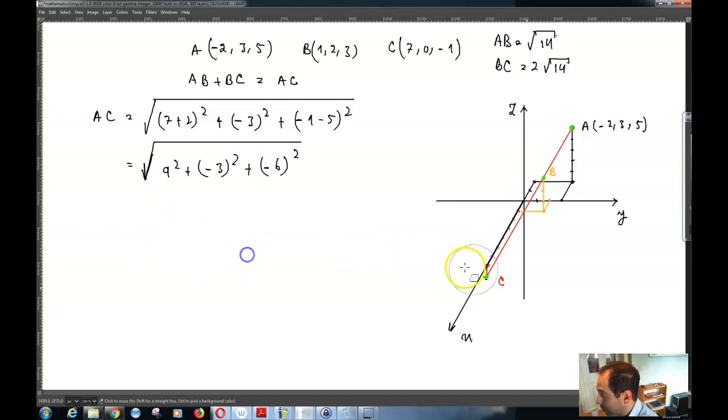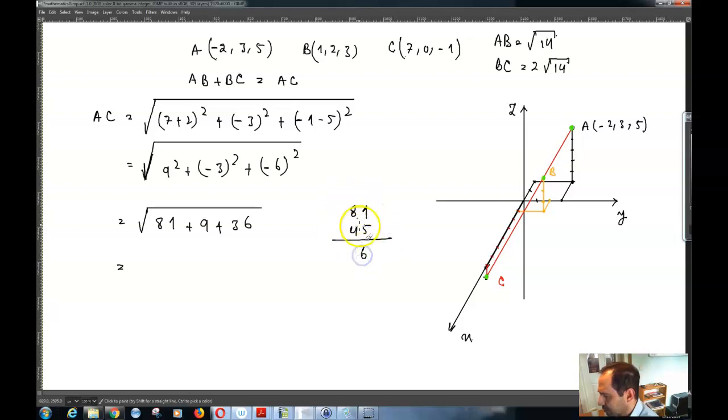So it is equal to the square root of 81 plus 9 plus 36, which is equal to 126, and that is 2 times 63, and that is 2 times 3 times 21, and that is 3 times 7.